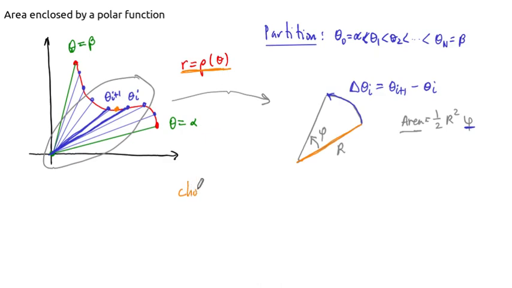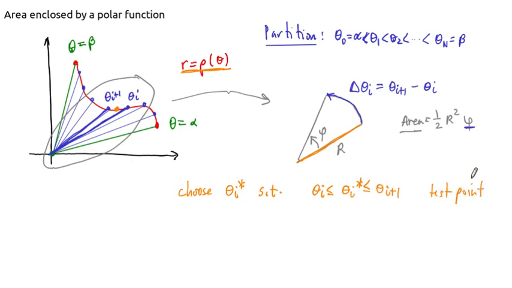But what we'll do is, we'll choose some theta I with a star that is in between, such that this theta I star is between theta I and theta I plus 1. It could be equal to them, but it's definitely not outside of this interval. So this is our test point.